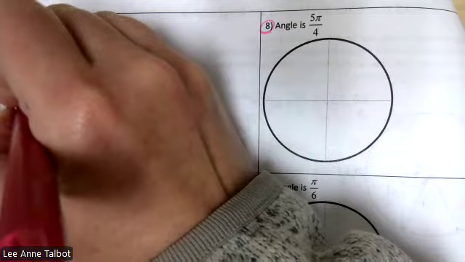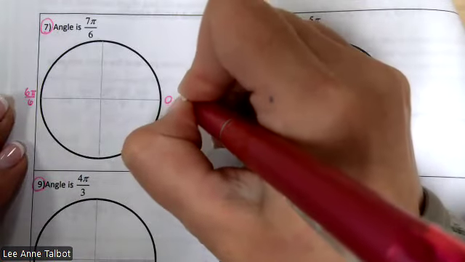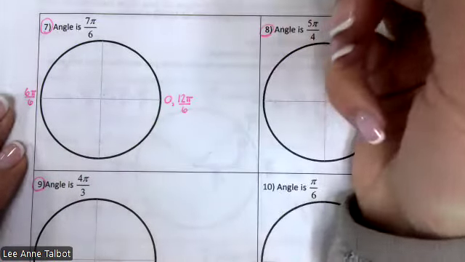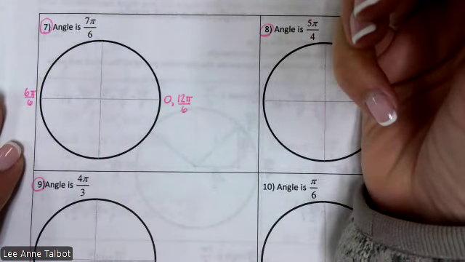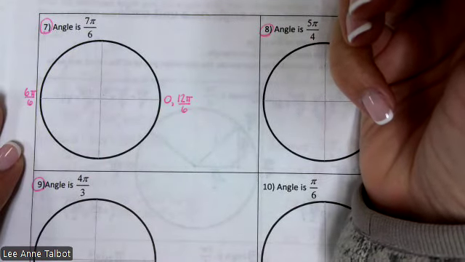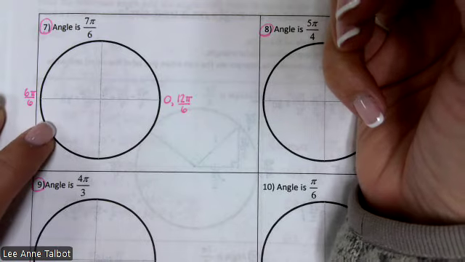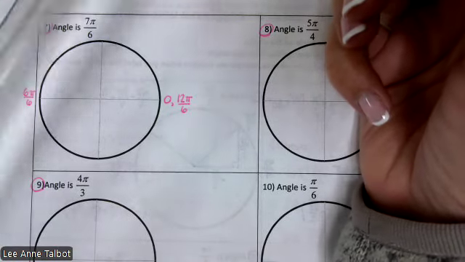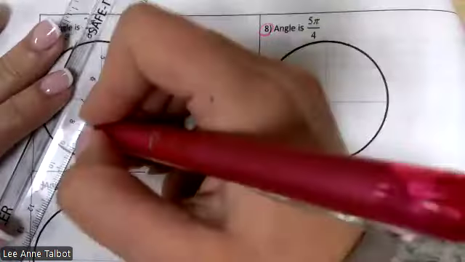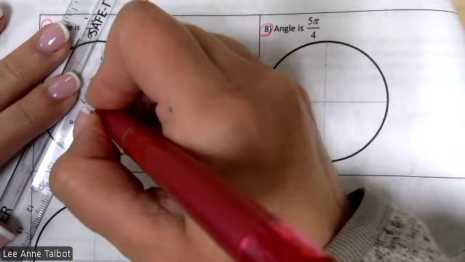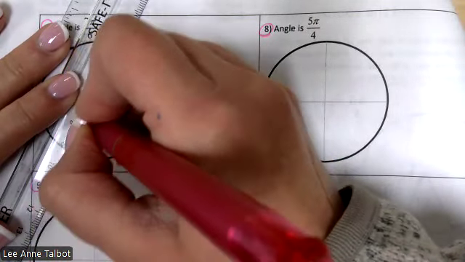Okay. 0, 6 pi over 6, 12 pi over 6. 7 pi over 6 is going to be here. So I'm going to split the bottom into 6 equal pieces. Or really, you can sort of start to cheat at this point.